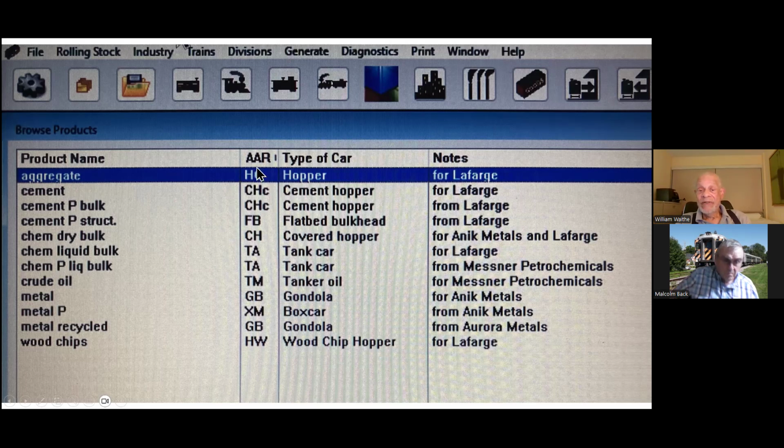These all use the AAR car types, which is essential. That's how the program operates. And for example, wood chips are carried in wood chip hoppers, a specific type of hopper. So you enter the kinds of products you need, and once you run the balancer, the program will tell you how many cars you need of each type.